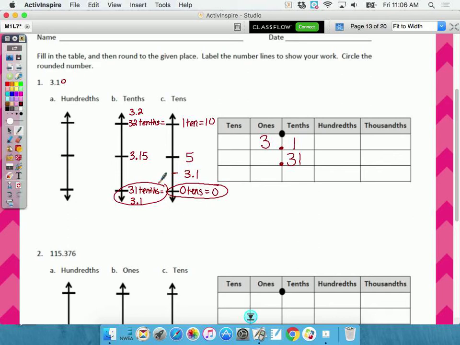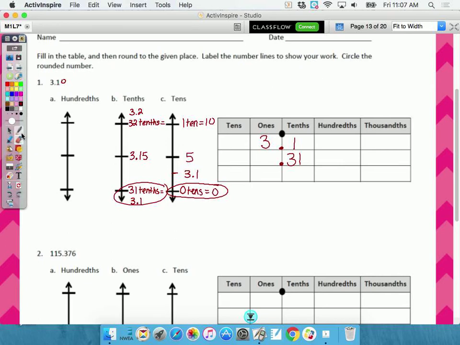Just wait, it gets worse. So can a number round to itself? Well, here's an idea back from the old days. What if I round 30 to the nearest 10? What does it round to? 30, okay? So can a number round to itself? Yes, it can.